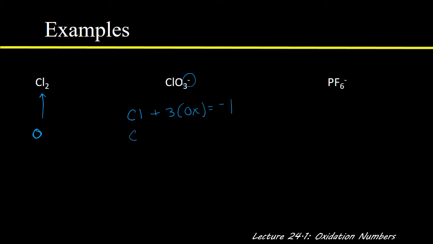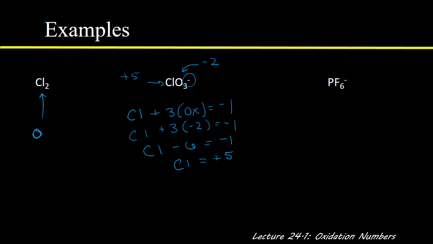Oxygen is more electronegative, so it gets its preferred anionic charge of -2. And then if we do the algebra, we see that chlorine is +5. So chlorine has an oxidation number of +5, and oxygen is -2.